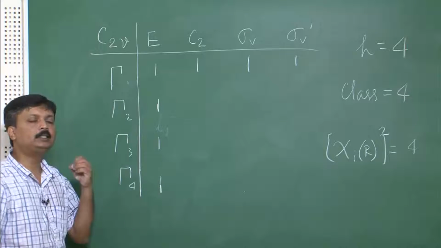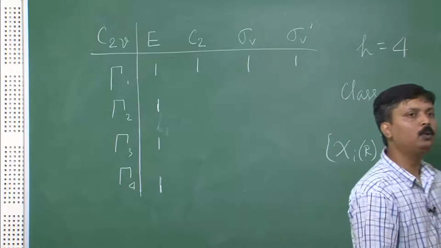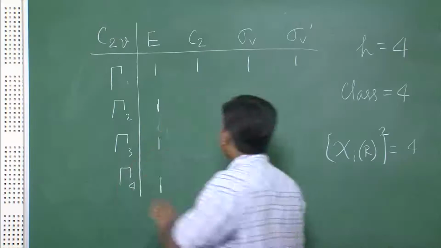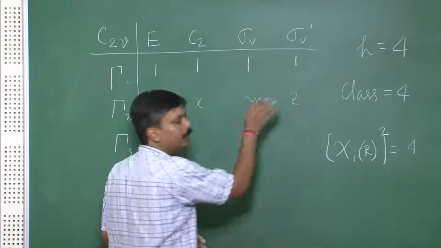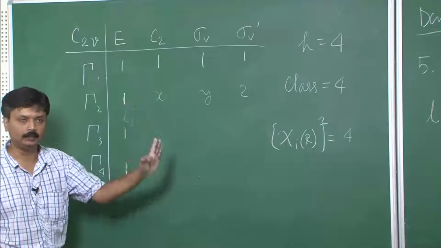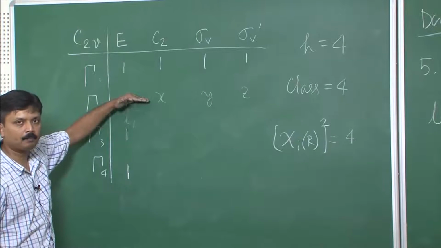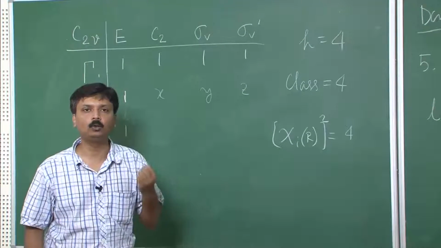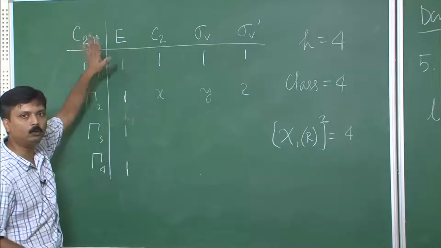Now, let us take the help of rule 3, which says that any two irreducible representations are orthogonal to each other. Meaning that if I have another irreducible representation here, suppose I write some arbitrary numbers x, y, z, and I know of course that these can be either plus 1 or minus 1, nothing else. In that case, if I multiply this and this, I should get 0, because they are mutually orthogonal, and that is true for any two IRs belonging to this particular group.